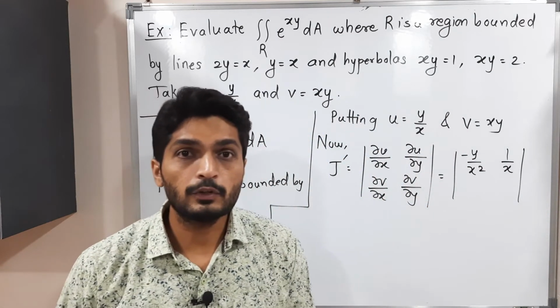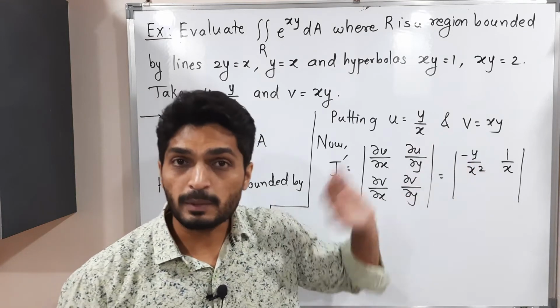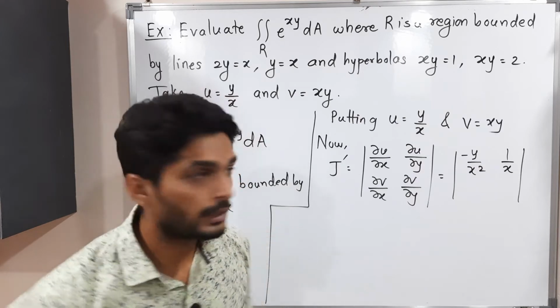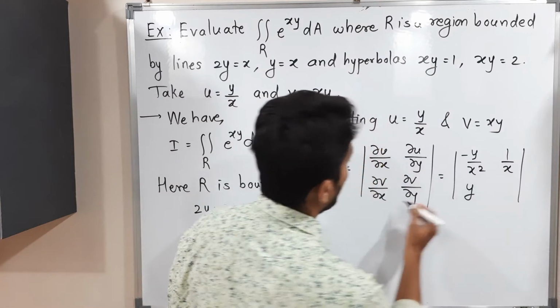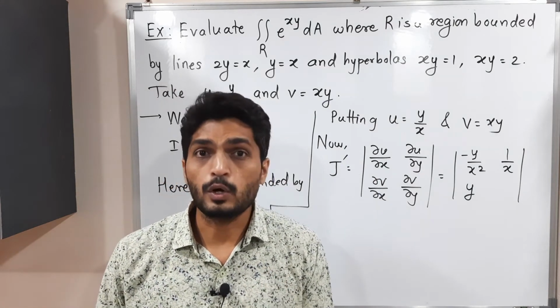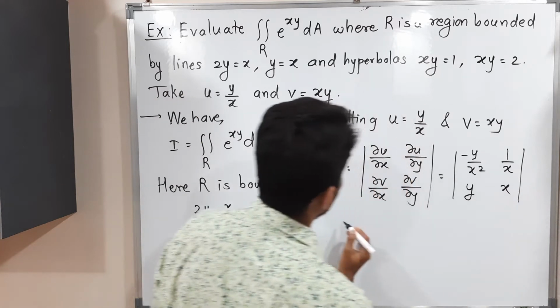Next, derivative of v with respect to x: y is a constant and comes outside, derivative of x is 1, so we get y. And at the end, derivative of v with respect to y: x is constant, derivative of y is 1, so we have x.